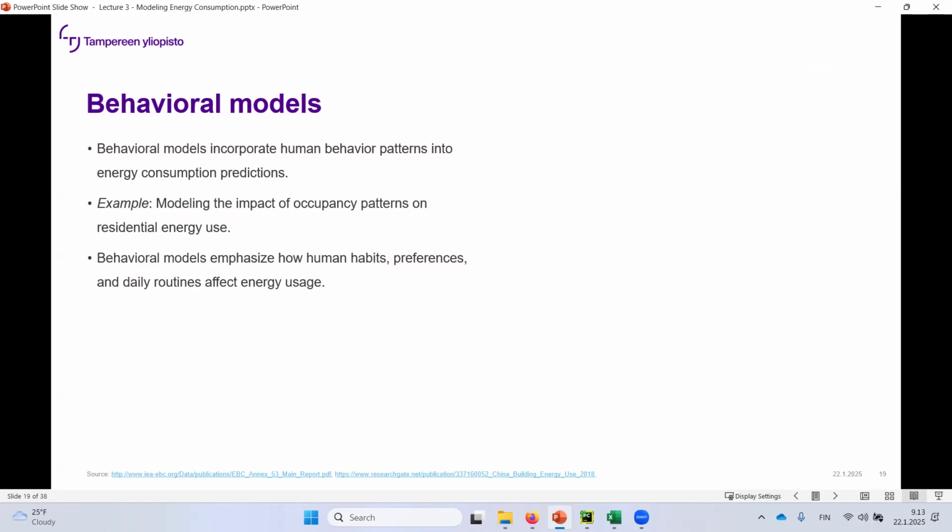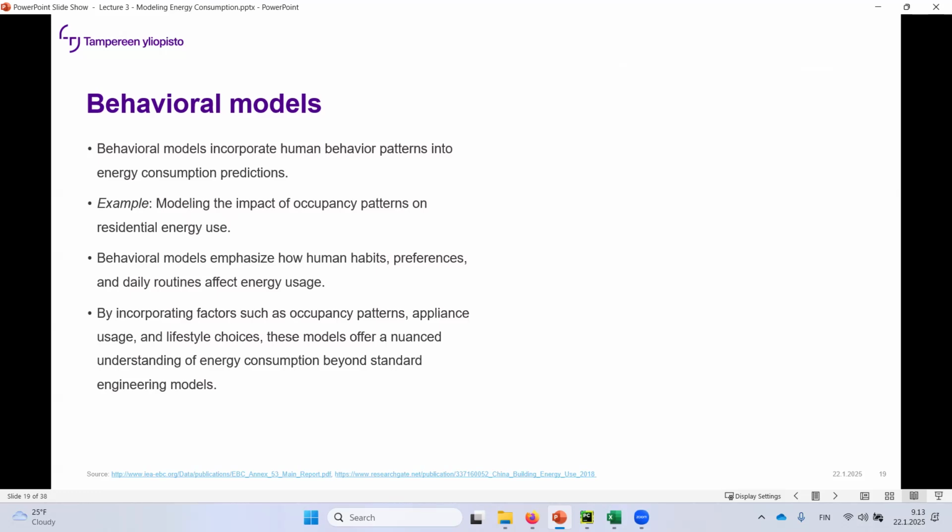So they emphasize how human habits, preferences, and daily routines affect the energy usage, occupancy patterns, appliance usage, and lifestyle choices. And they can be extracted from the historical data, and then you can use that behavioral model further.